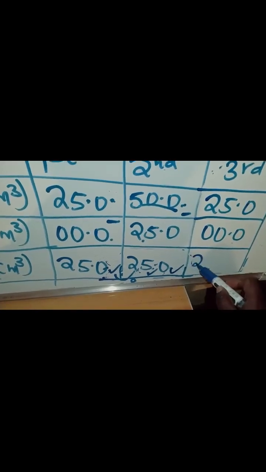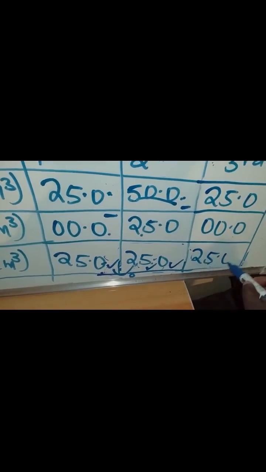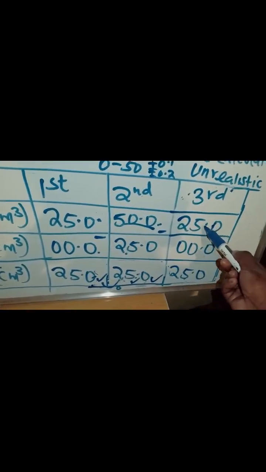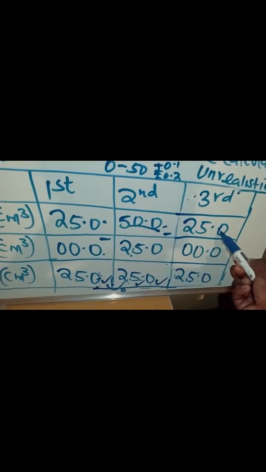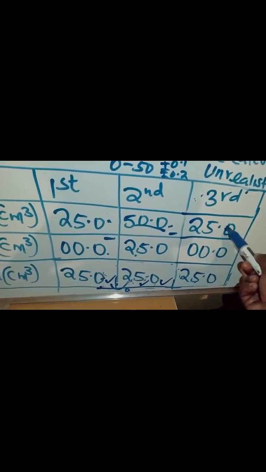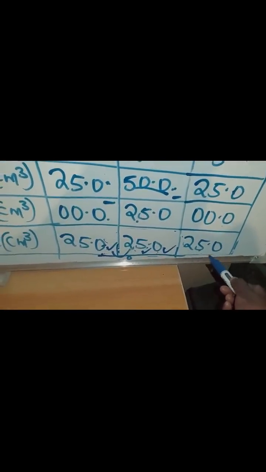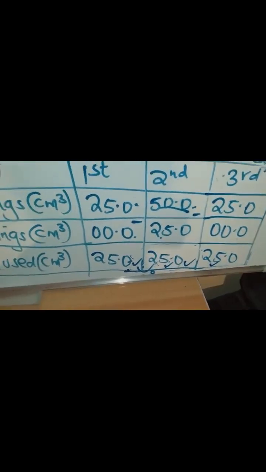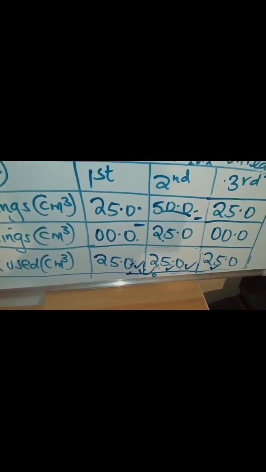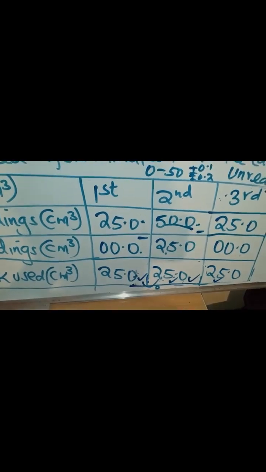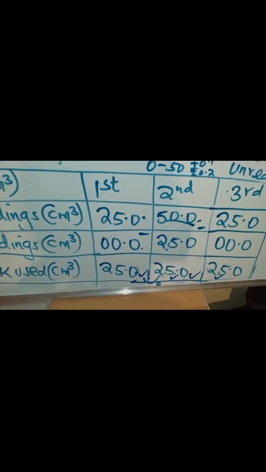There is no harm in having all of them look the same. Or you can say, other than 25.0, you say 25.1, then down here you say it will be 25.1. The values will still be okay. And at that time, you can use the three of them, then divide by 3, because there will be three values to use.